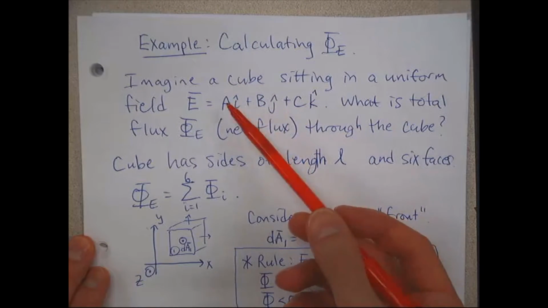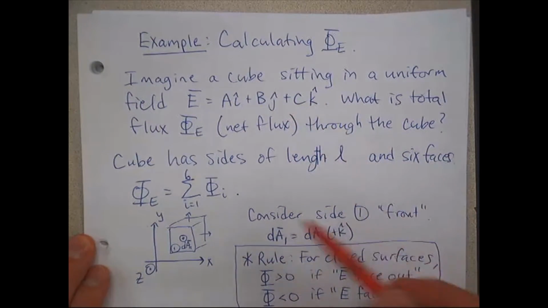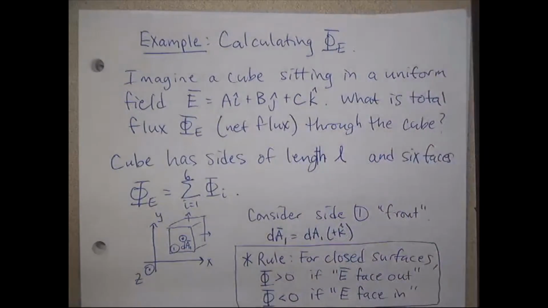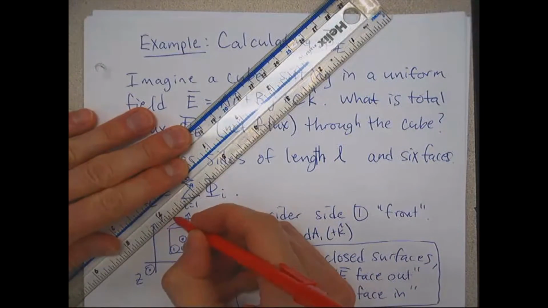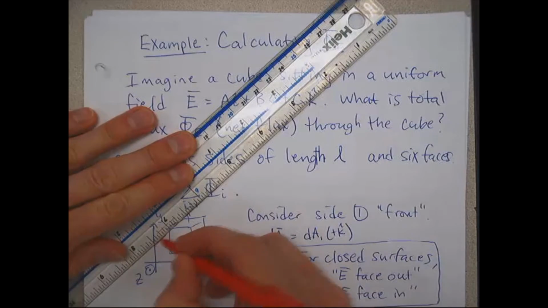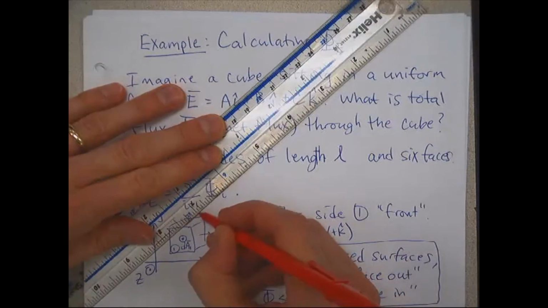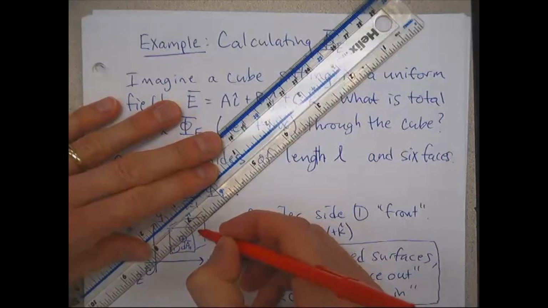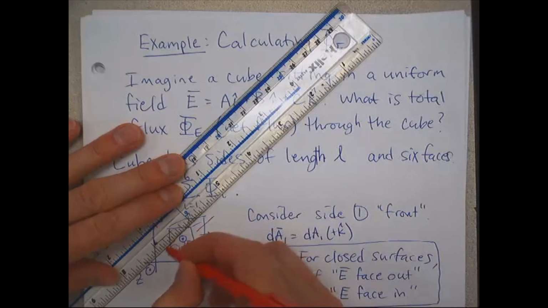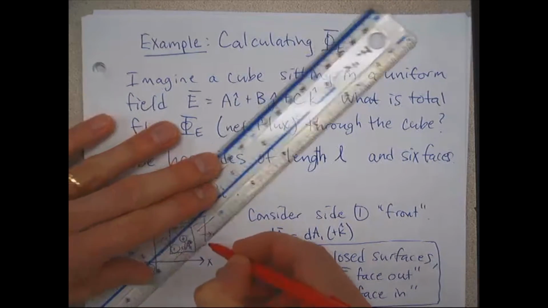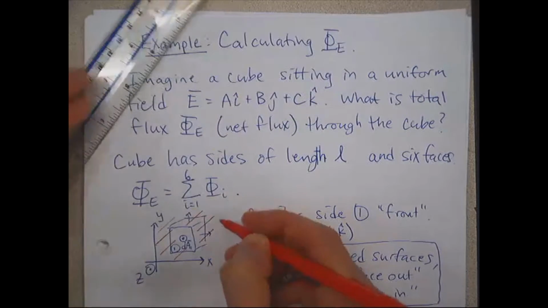Why? Because its direction is unknown. It's just left in terms of these constants. All we can say is that these E field vectors should everywhere be in the same direction and have the same magnitude.